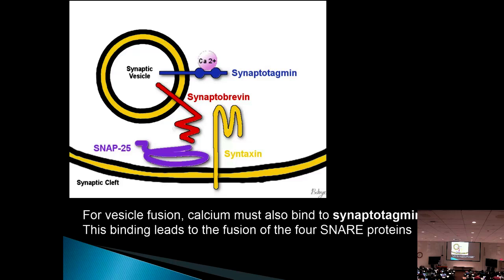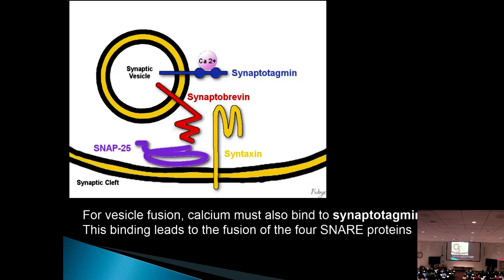And this seems to be the key event in causing the fusion of these 4 snare proteins. Okay, so one of them is embedded in the synaptic vesicle, synaptobrevin. Okay, and so when calcium binds to synaptotagmin, it triggers synaptobrevin to bind to syntaxin and SNAP25.